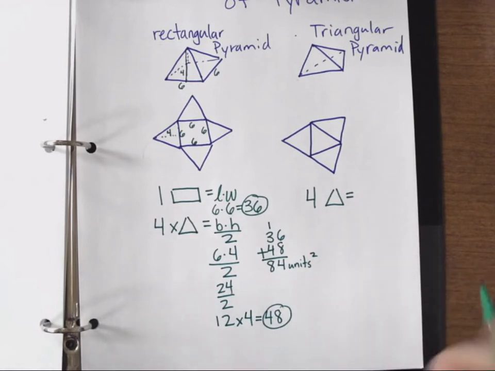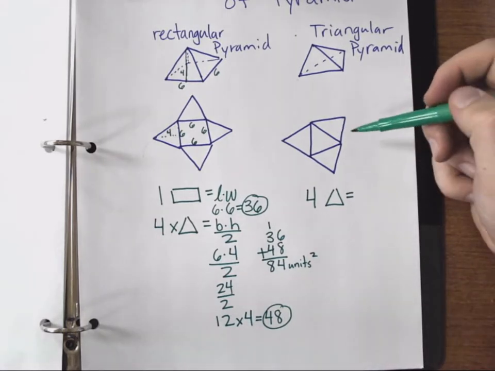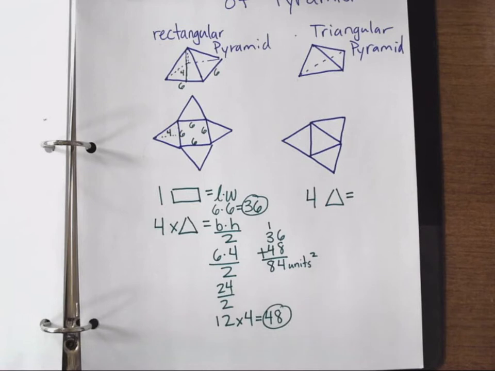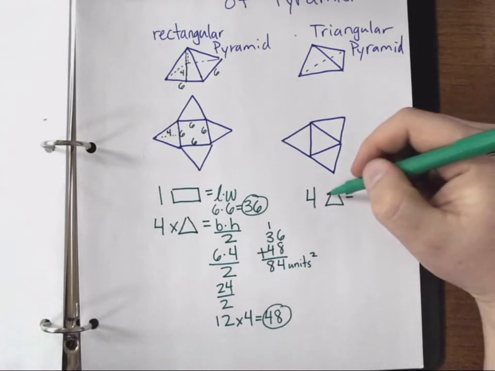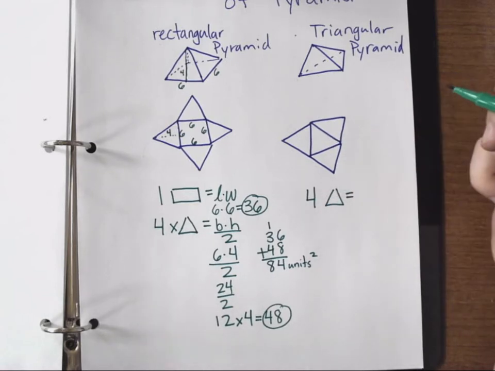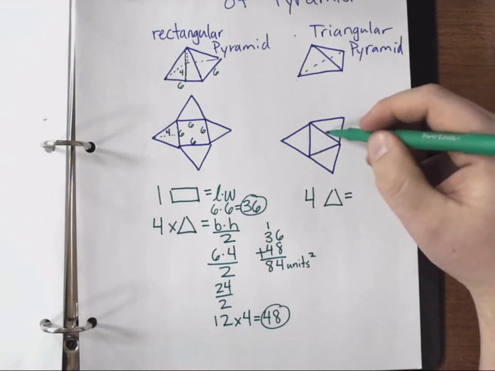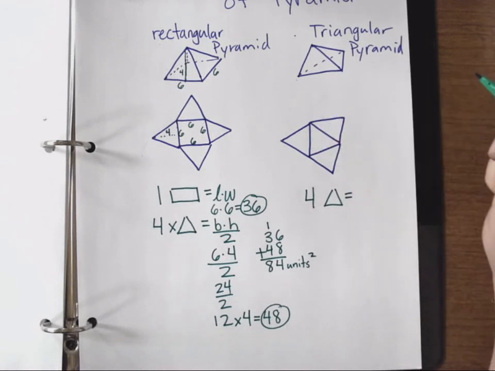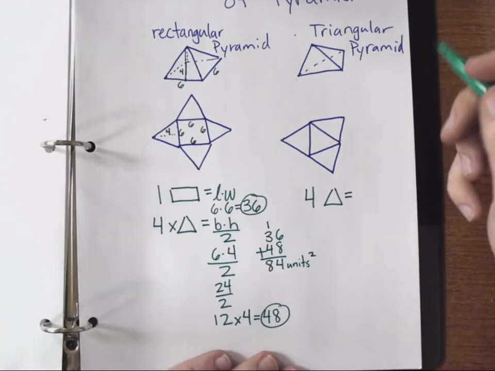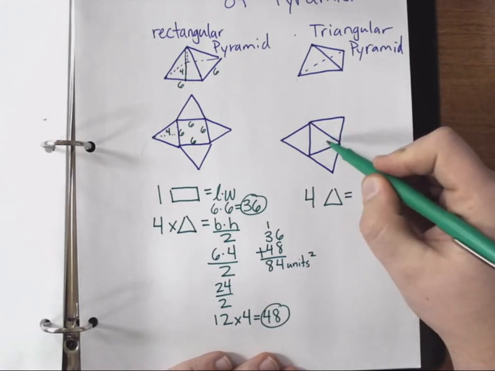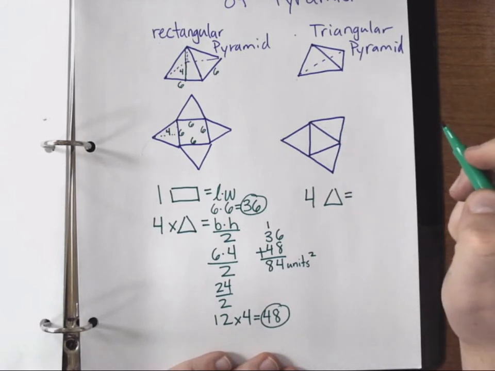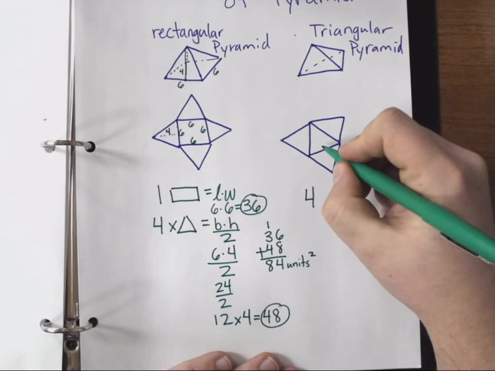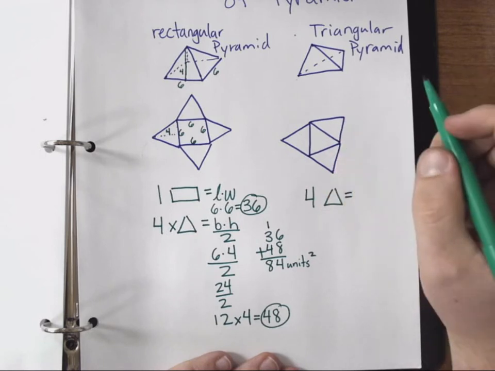Okay, so now let's find the surface area of our triangular pyramid. So now we know that we only need to find the area of my base triangle as well as my 3 lateral faces. Be careful because they might be different sizes. Let's try one that has different sizes. Okay, so let's say that the base is an equilateral triangle.